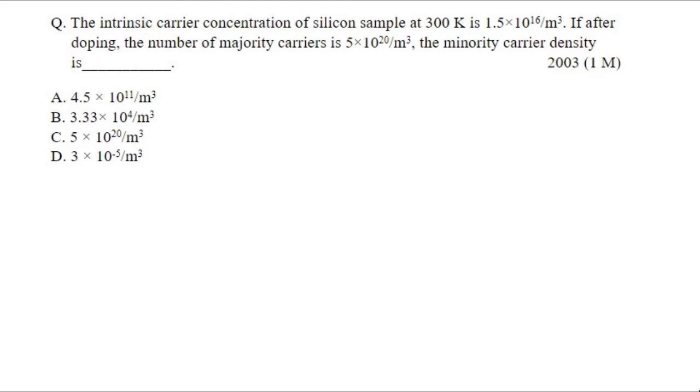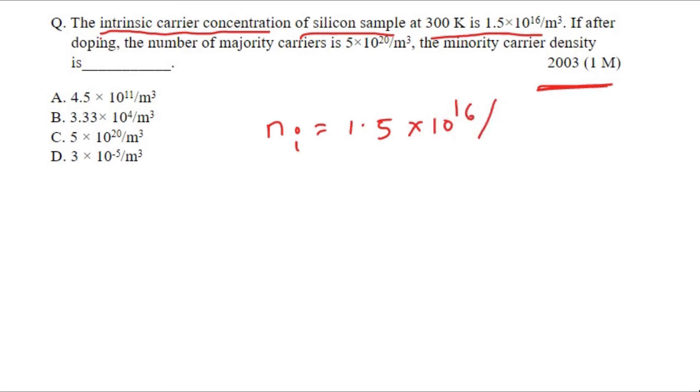Now in this question, it is EC 2003 for 1 mark. It's given that the intrinsic carrier concentration of a silicon sample at 300 Kelvin is 1.5 into 10 power 16. So Ni is given here, which will be equal to 1.5 into 10 to the power 16 per meter cube.